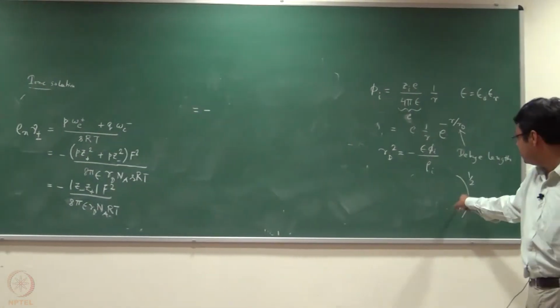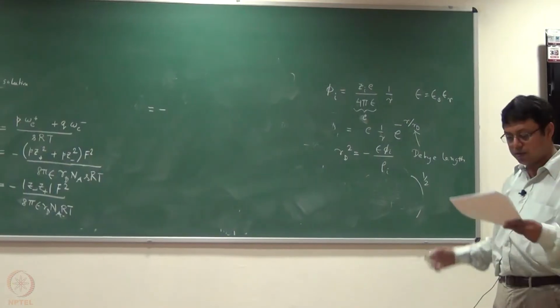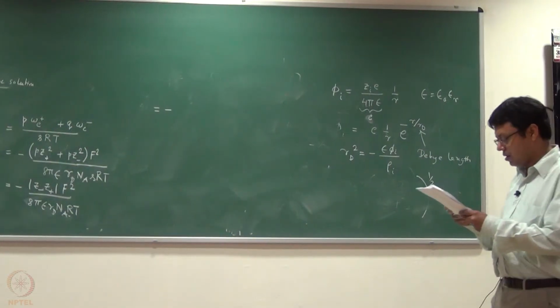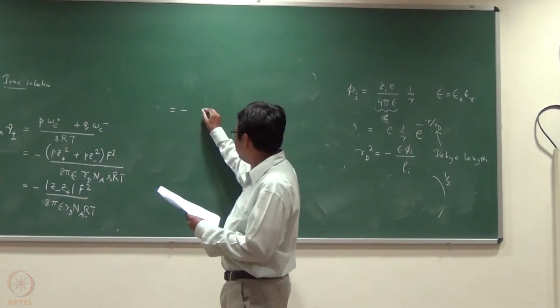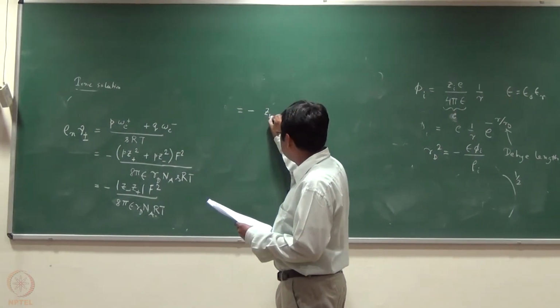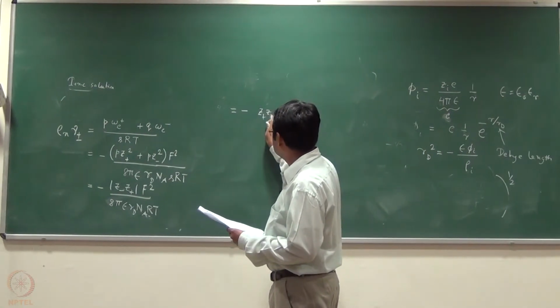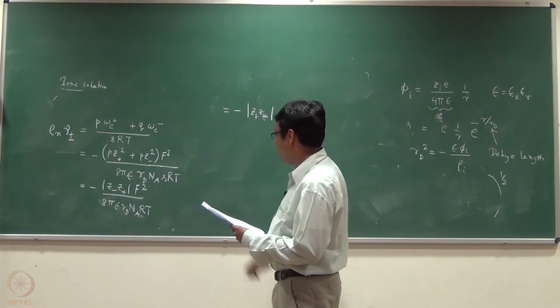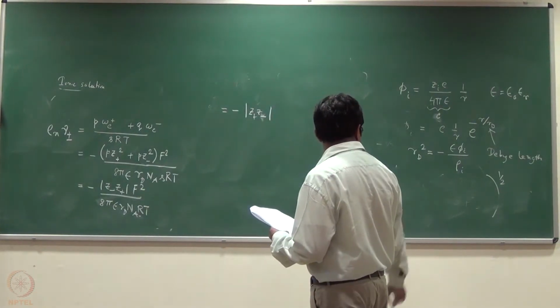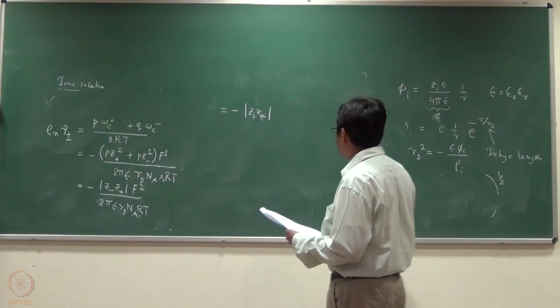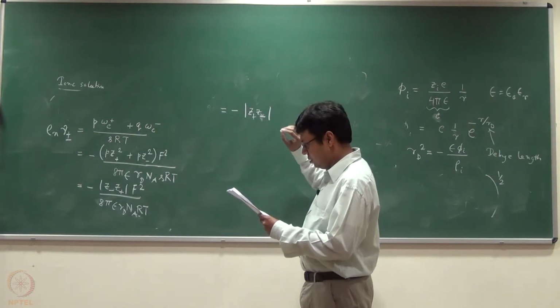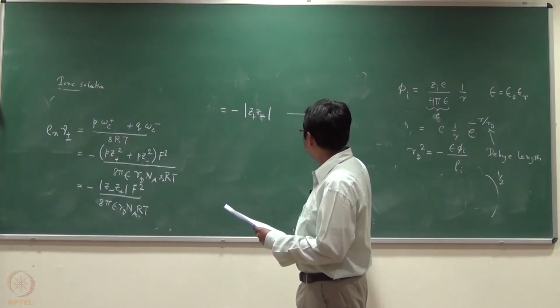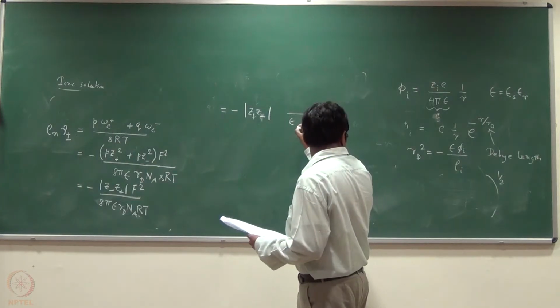I have to write it in terms of the reciprocal. So I have minus modulus of Z plus Z minus, and what I had is basically epsilon RT, right? Just write it. Epsilon RT.